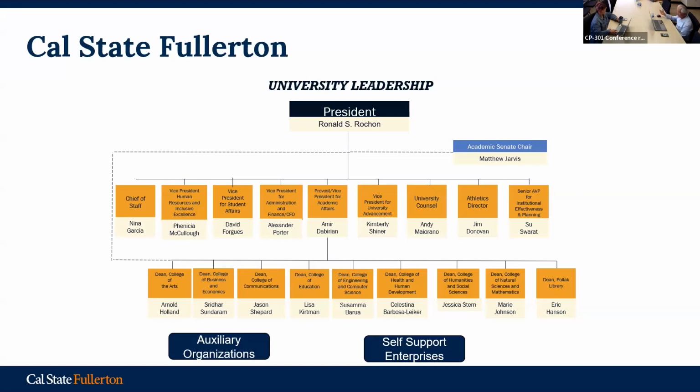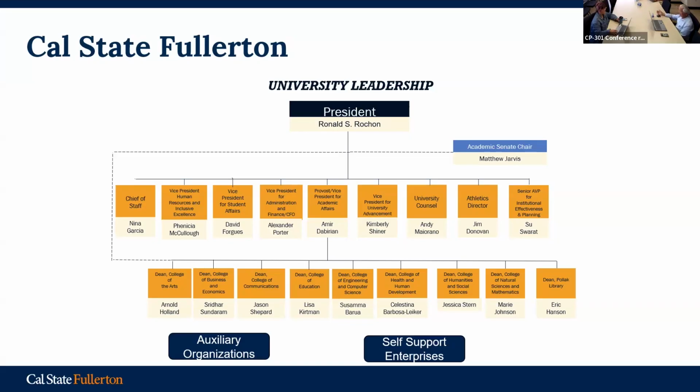Everybody else really supports the instructional activities. That's why the provost has command and leads in every academic institution after the president. And then we have the complementary organizations, the auxiliaries and the self-support, like housing and parking. And here we have, for example, ASI and things like that.